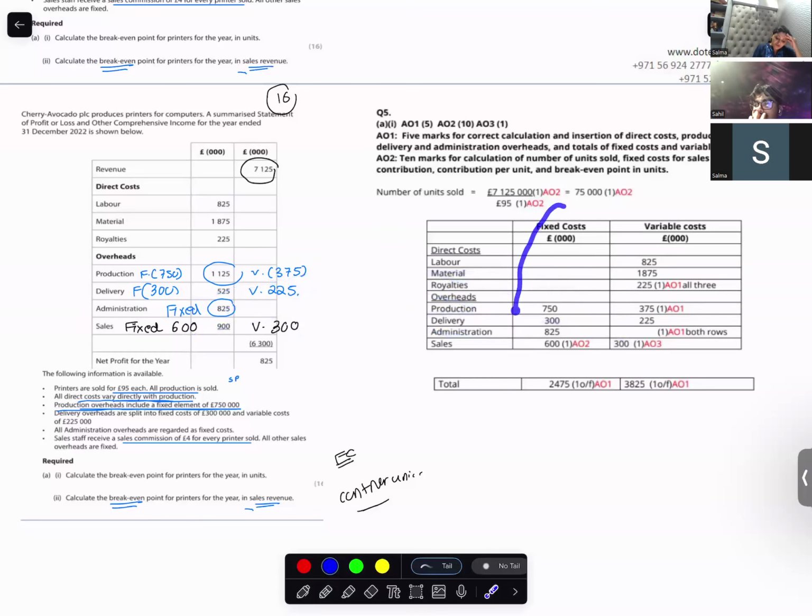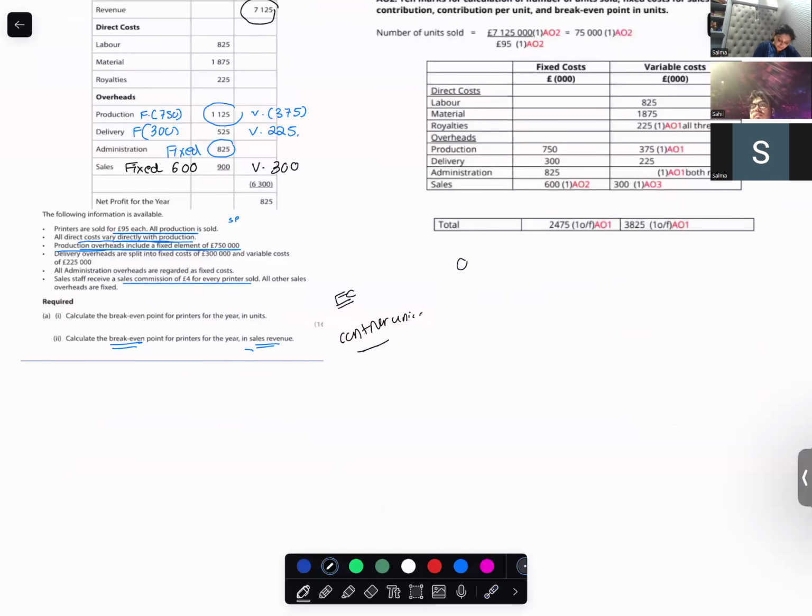So your total fixed cost is 2,475,000, and variable cost is 3825. Are you with me? Then I will write what I need.